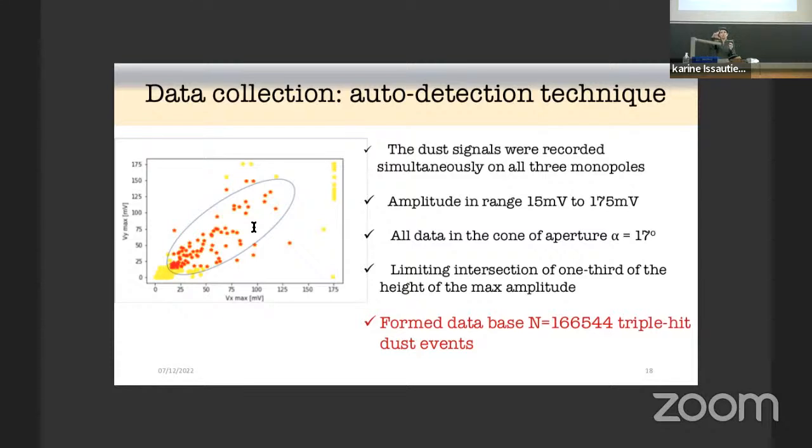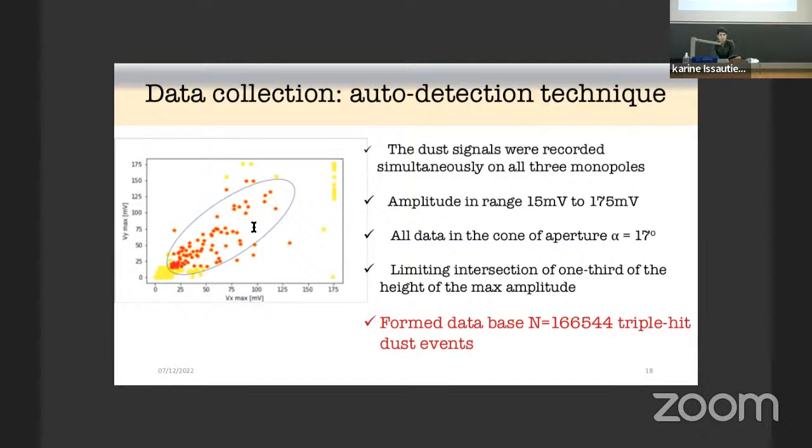On 1/3 of the amplitude, if there are more than 2 crossing points, this is probably not dust, and we will not use this event. We applied this algorithm to the whole database from STEREO A and STEREO B, and what we obtained is more than 150,000 events.